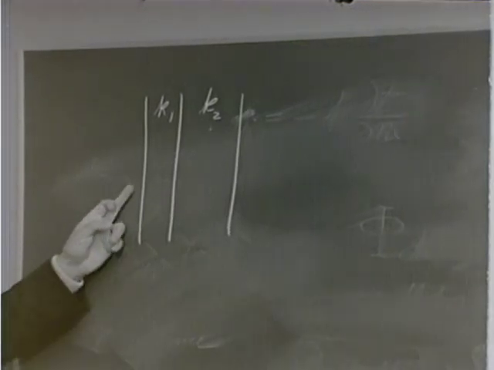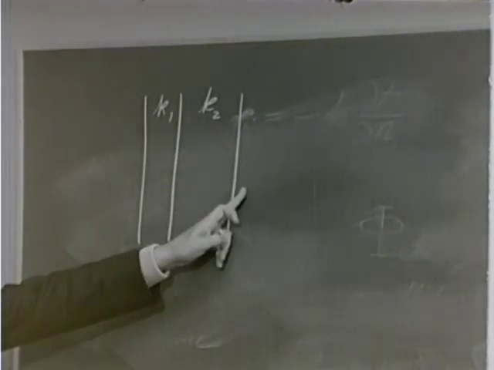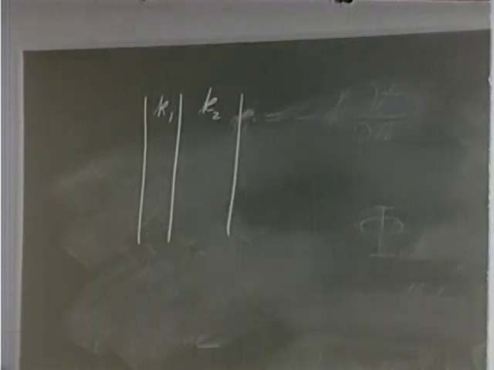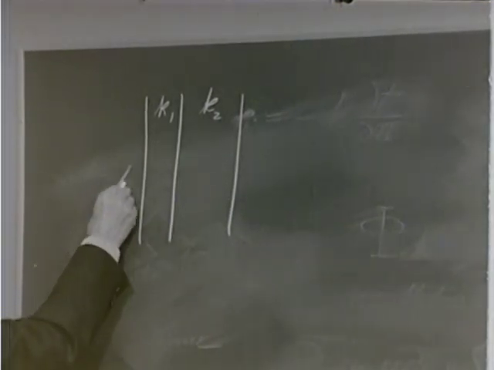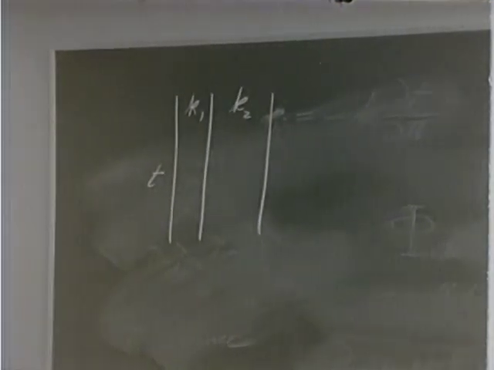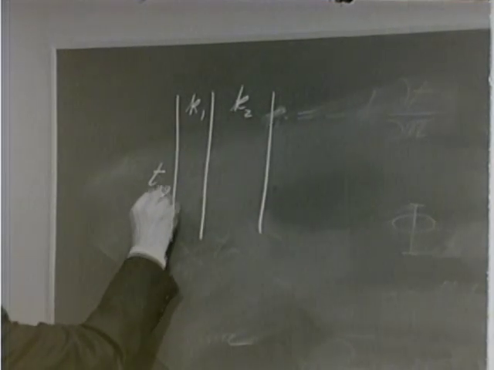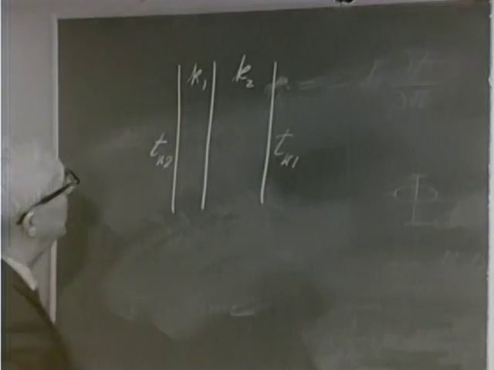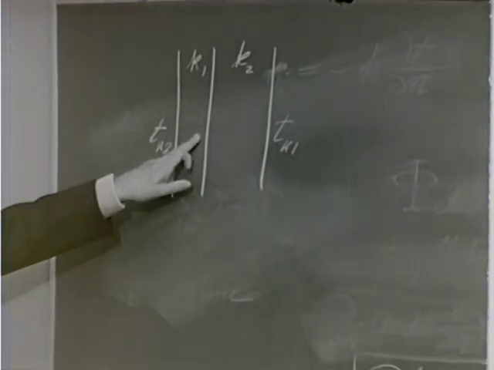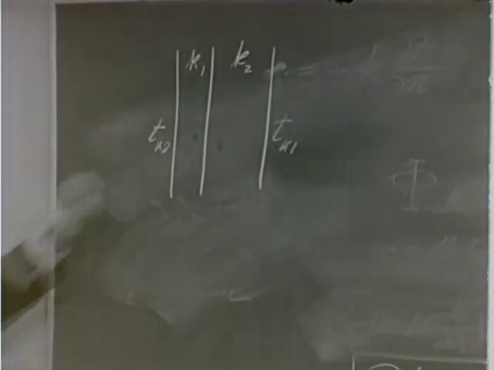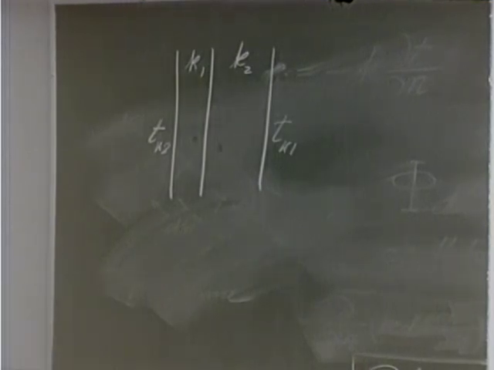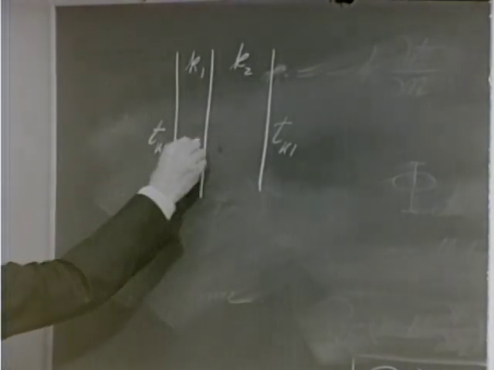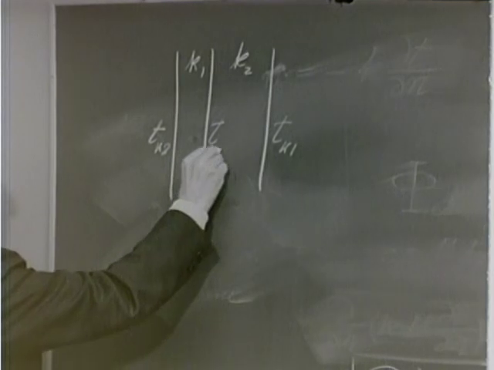Again, we will assume that we know the temperatures of the two external surfaces of this composite wall, which we call, in the same way as before, TW2 and TW1. We don't know the temperature at the place where the two walls come together, the interior surface. Let's call this TWI.